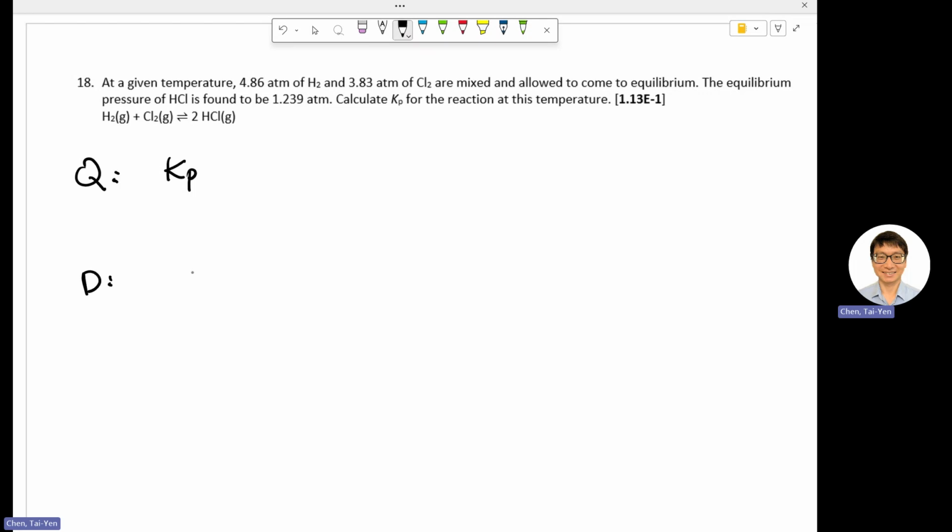Write out your equation first: H2 plus Cl2 gives you 2HCl. ICE. Okay, K is going to equal HCl second power over H2 first power times Cl2 first power. All the numbers we put later on will be the numbers that show up in the equilibrium row, right?